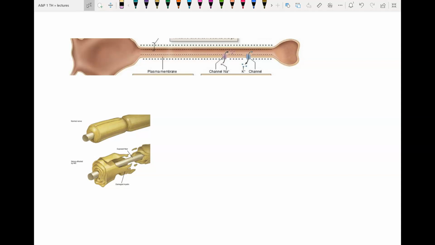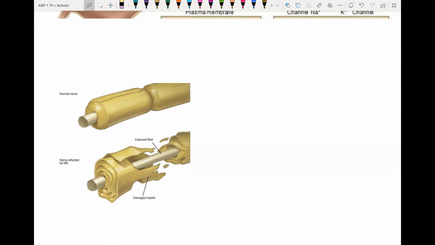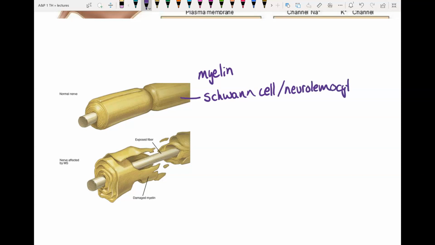There is a disease in which you lose the ability to do saltatory conduction. So here you can see the normal nerve has its myelin, which remember is composed of those Schwann cells or neurolemmocytes. In the bottom one, you can see that you're missing that. The cells have been destroyed. And so this axon loses its myelin.